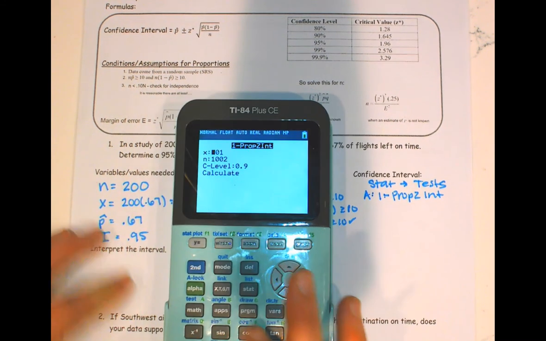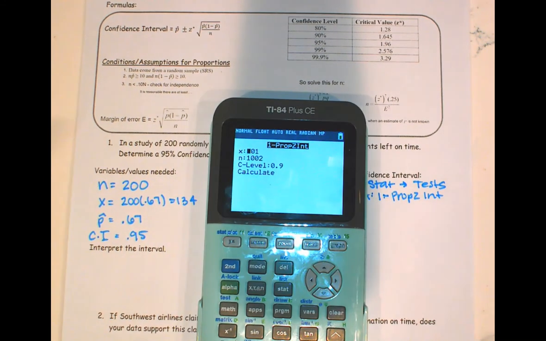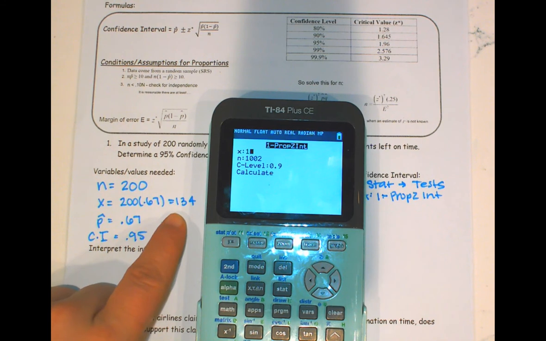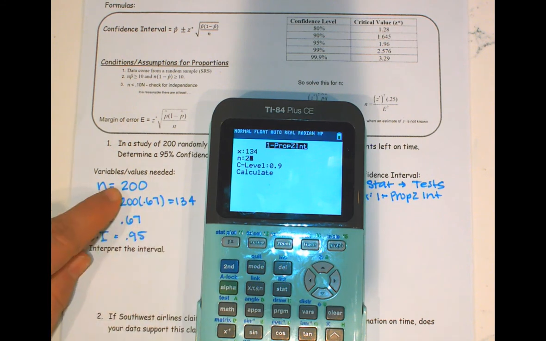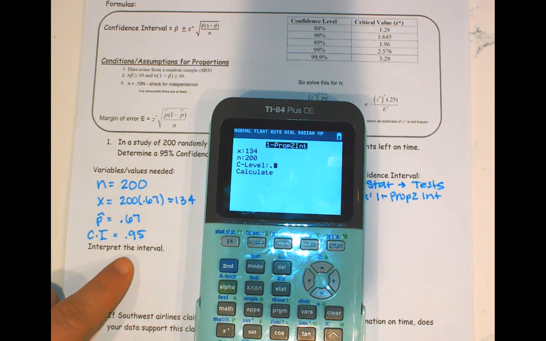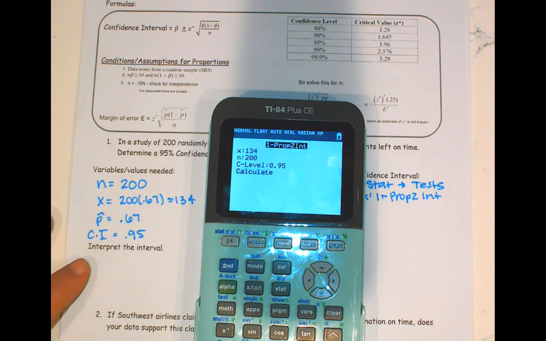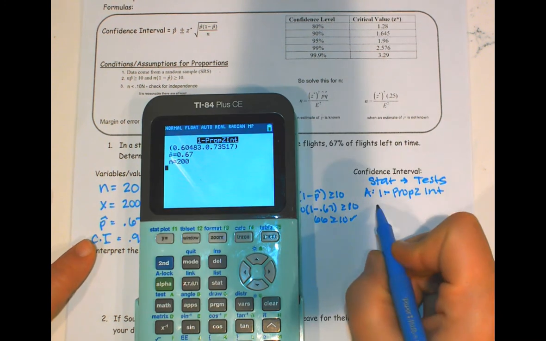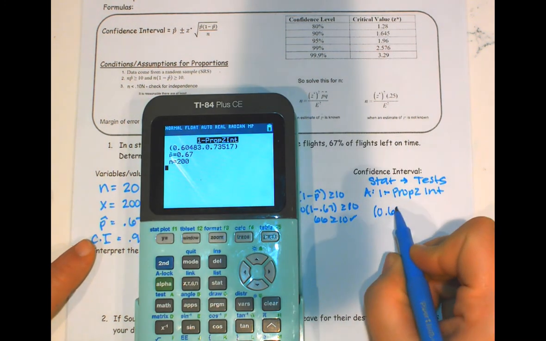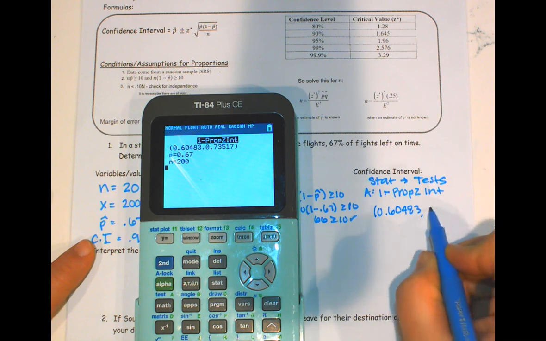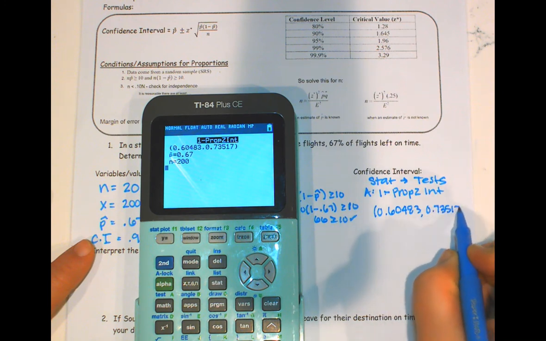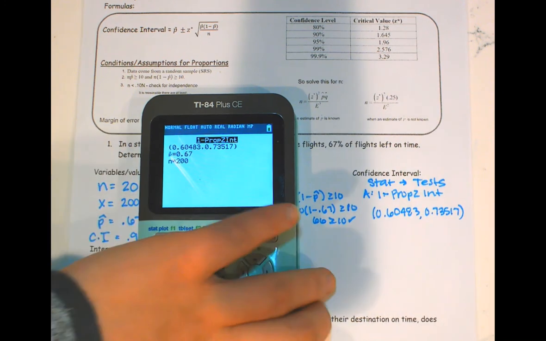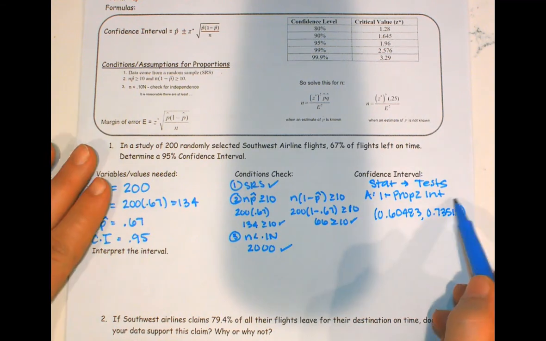Then the values that we already know, we type into our calculator. Our X was 134, our N value was 200, and I want to be 95% confident. When I calculate that, I get 0.60483 to 0.73517. All right, so that's the confidence interval that we need.